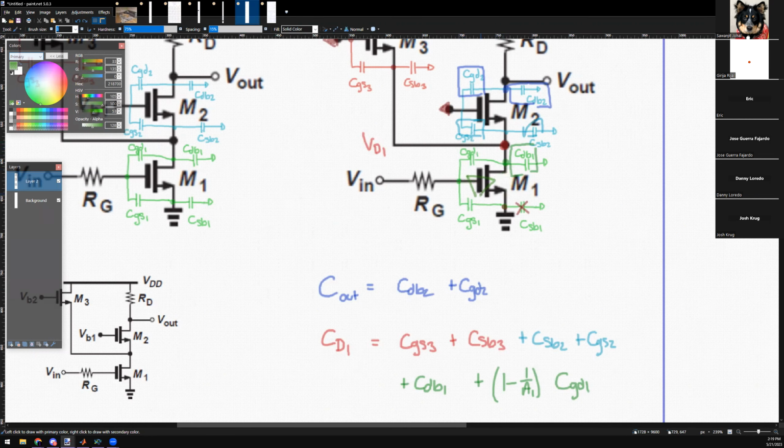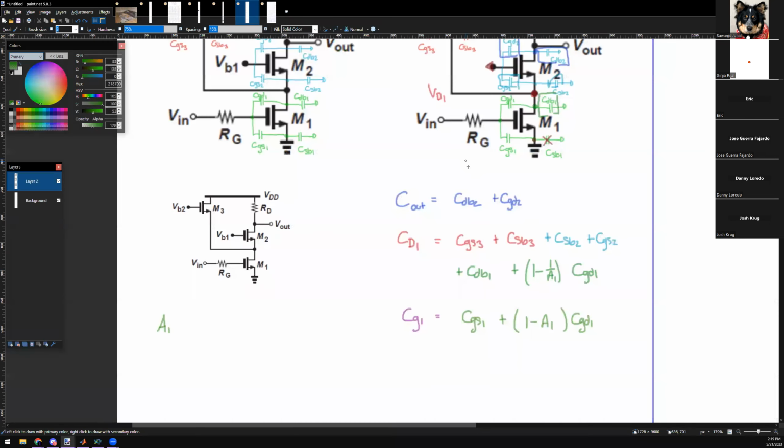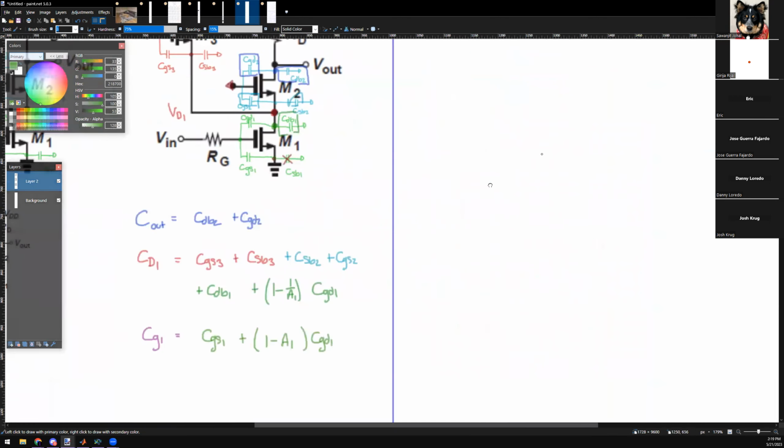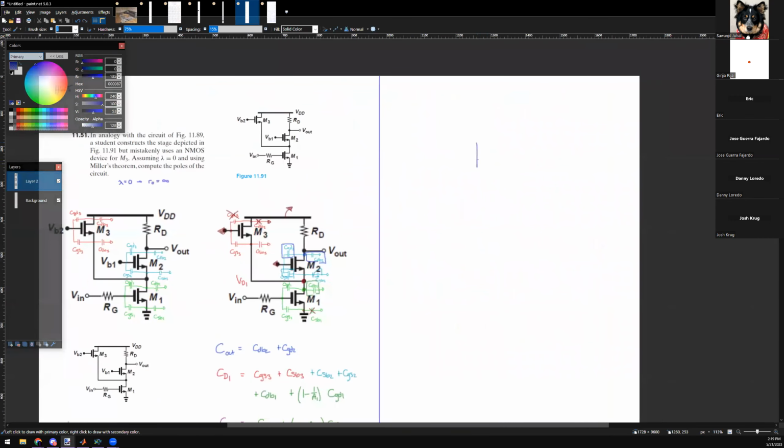Wait, really quick, 1 minus 1 over A1, that's standard, right? That's when you go to the output side. The output has that, and the input has the other one. Yes, if you have a gain of A and a capacitor across the device, Miller implies that you can do this: you get two capacitors, one at the input and one at the output, and one has the form of 1 minus 1 over A, and the other one the other form.